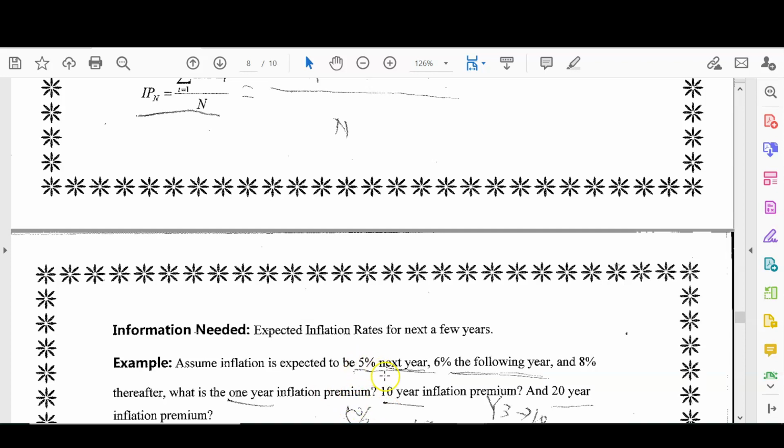Since we know that the inflation rate is 5% for the first year, 6% for the second year, and 8% from the third year and for all the other years afterwards, please try to calculate the average inflation rate for the first year, 10-year, and 20-year as the 1-year inflation premium, 10-year inflation premium, and 20-year inflation premium. I will end this video here, and I will talk about the solution in our next video.